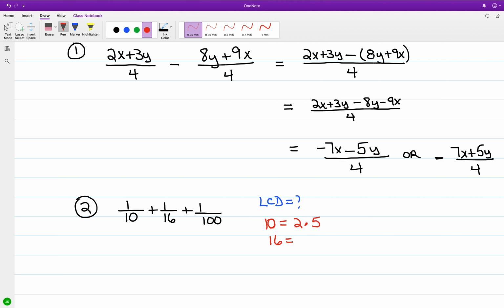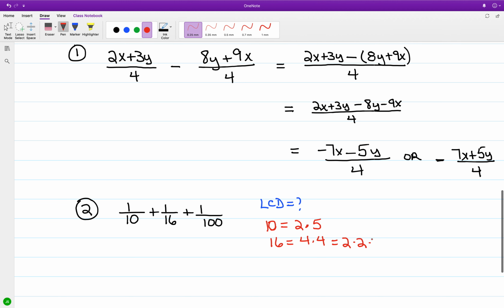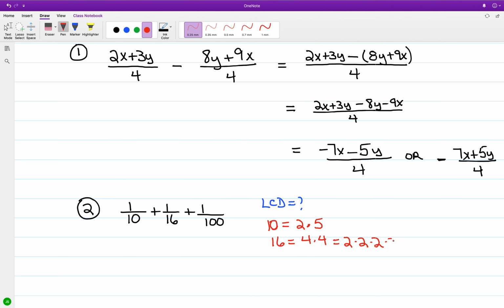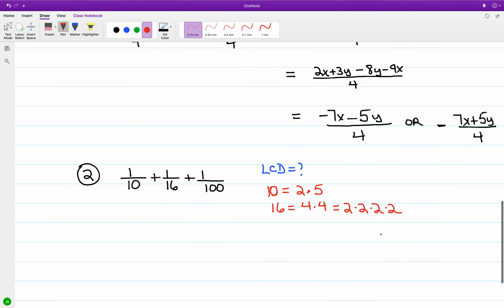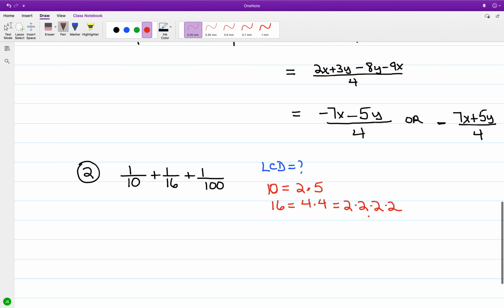Now for 16, regardless of whether you have 2 times 8, 8 times 2, or 4 times 4, you're going to have prime factorization where 2 is the prime factor. So 16 is 2 times 2 times 2 times 2.